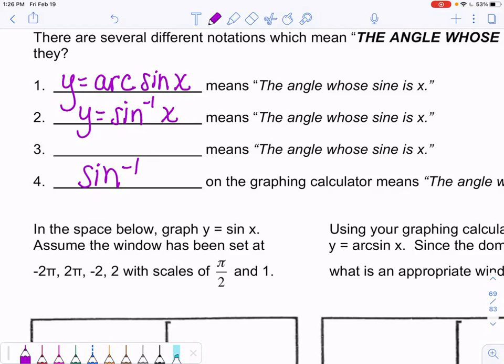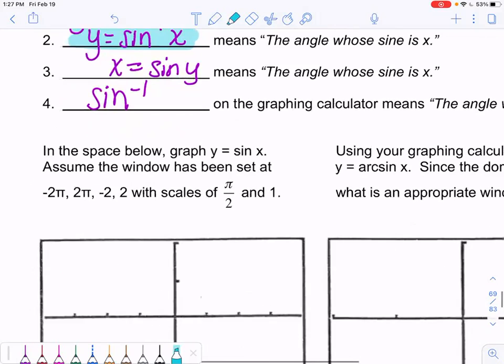An inverse is found by switching x and y. So I could also say x equals the sine of y, and that would represent the inverse function because I would switch x and y. The first 2 are the way you're going to see it written in the book. And the problems you see today will say arc sine or sine -1. So that's what we'll be looking at.